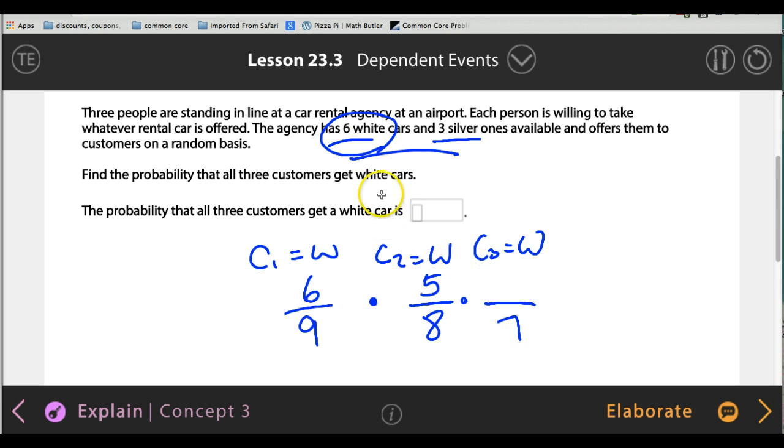And again, another white car is gone, so that's going to be 4 white cars left. So you multiply that all together. 4 goes into 8 2 times, 2 goes into 6 3 times, 3 goes into 9 3 times, so on top 1 times 5 times 1 is 5, and at the bottom 3 times 7 is 21. So your answer is 5 over 21.